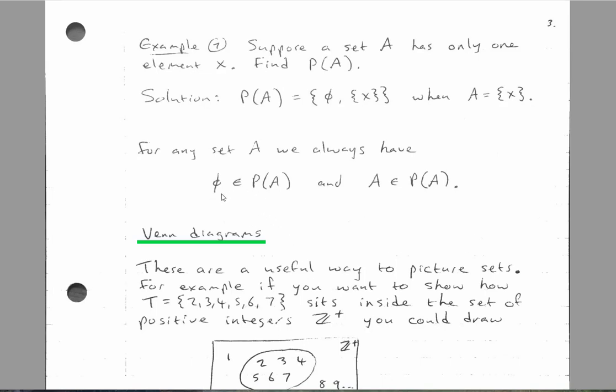The empty set is always in the power set, and the set itself is in the power set. Notice I'm using the element notation here, and that's the correct notation we need. We're not talking about subsets, we're talking about elements, because the elements are subsets.